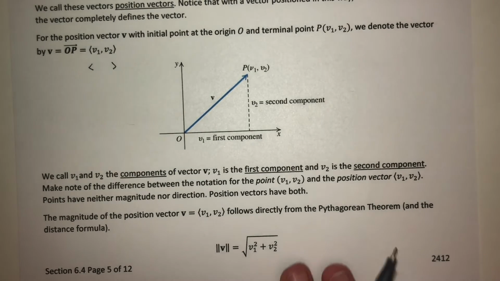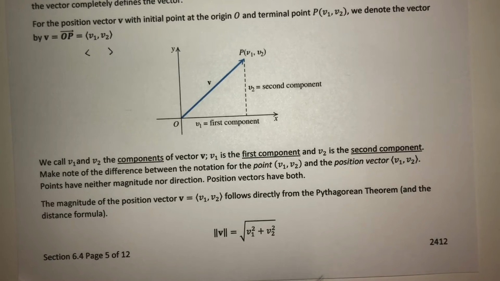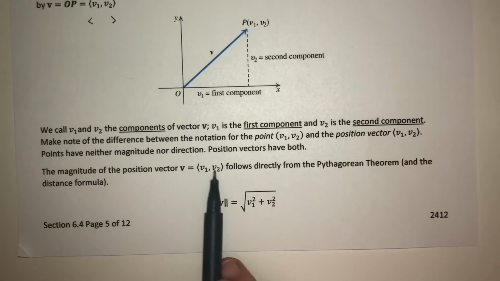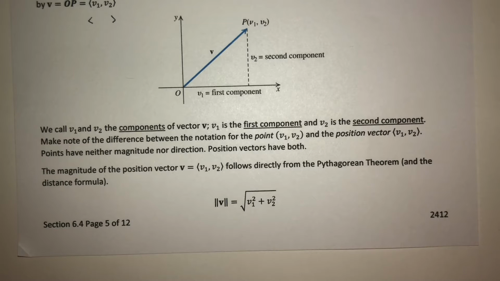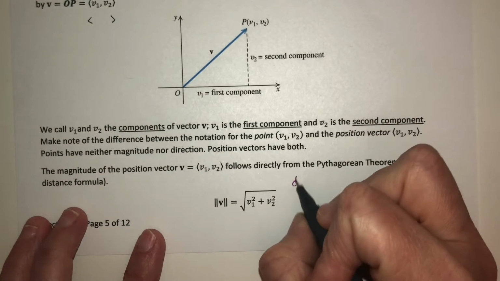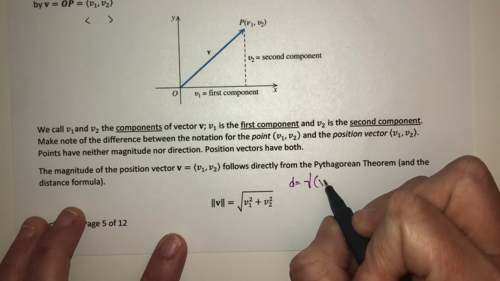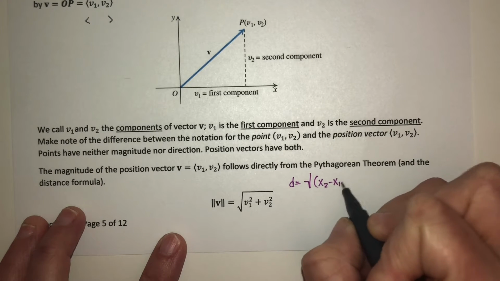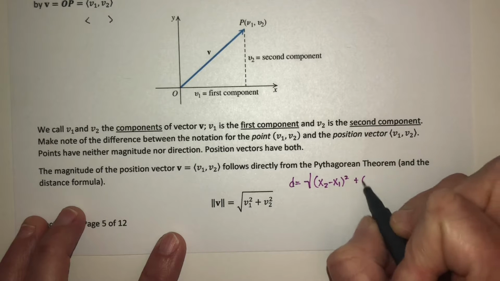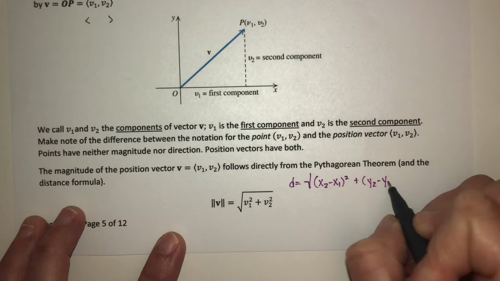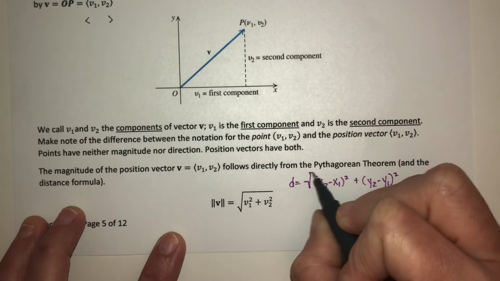The magnitude of the position vector ⟨v1, v2⟩ follows directly from the Pythagorean theorem and the distance formula, because the distance formula comes from the Pythagorean theorem. Remember, the distance formula is the square root of (x2 minus x1) squared plus (y2 minus y1) squared.